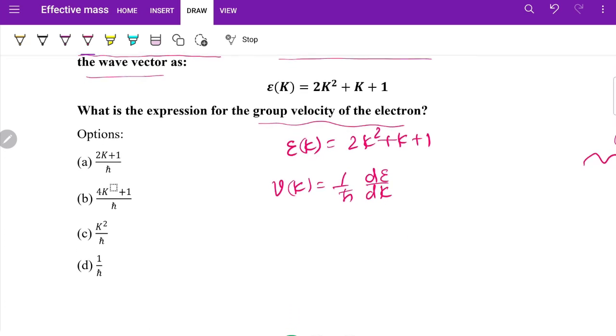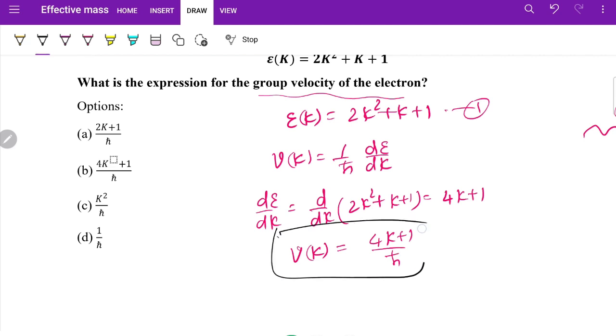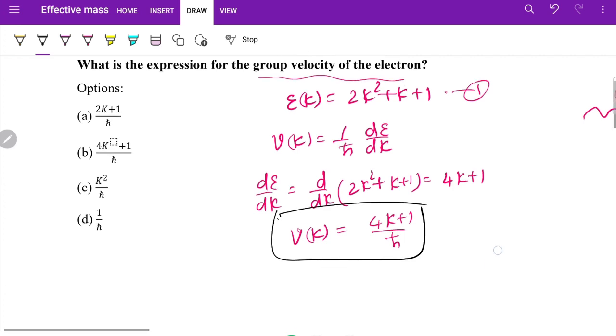First we have to differentiate the given energy expression. d epsilon by dk is d by dk of 2k square plus k plus 1, which is nothing but 4k plus 1. Therefore v of k is equal to 4k plus 1 by h cut. This is the expression for group velocity.